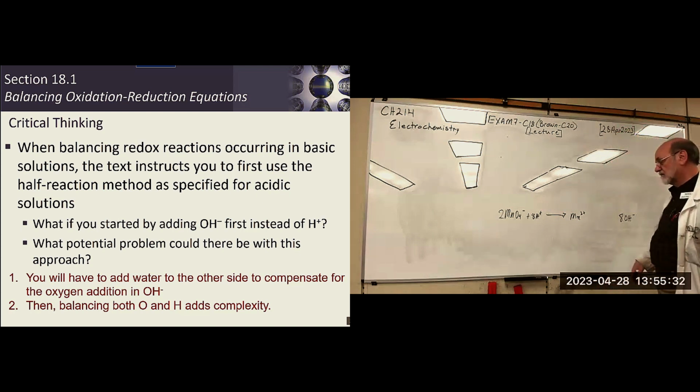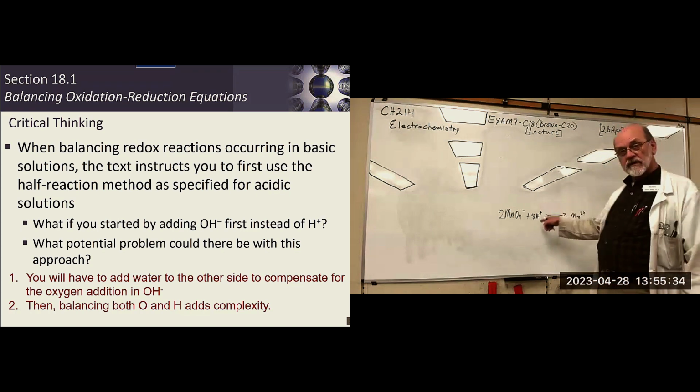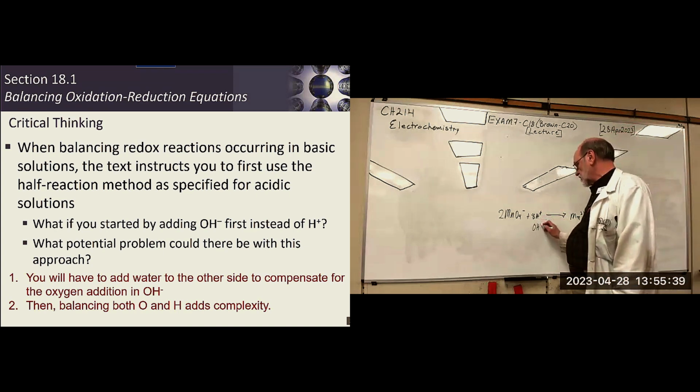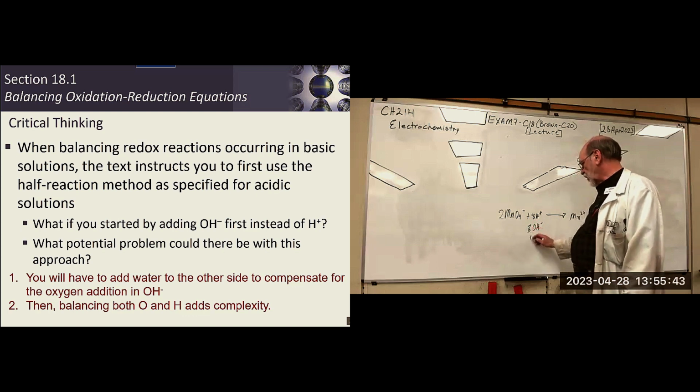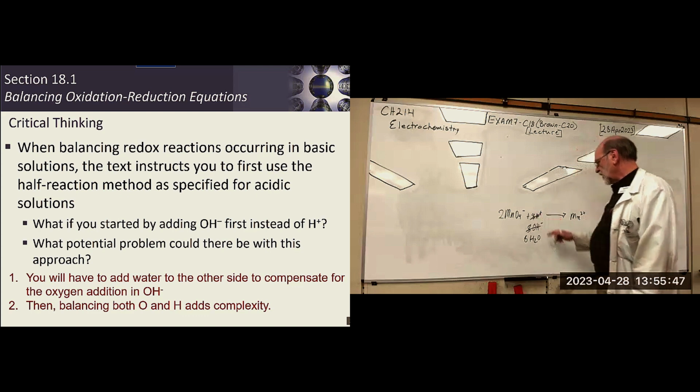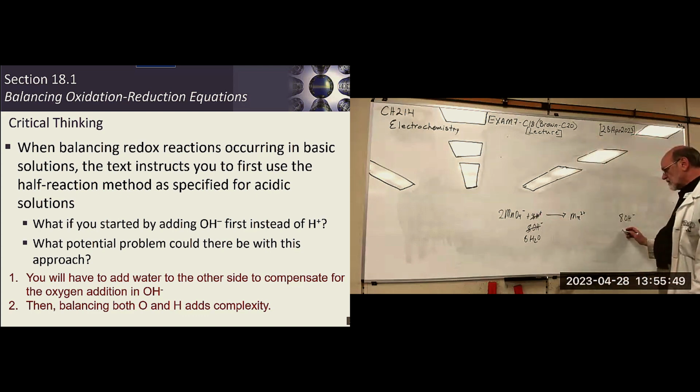I guess. Then we got to get rid of those acids, though. So we need to add more hydroxyls, don't we? All right, that makes water. But we got to put 8 hydroxyls over here, too. So that makes 16 hydroxyls.